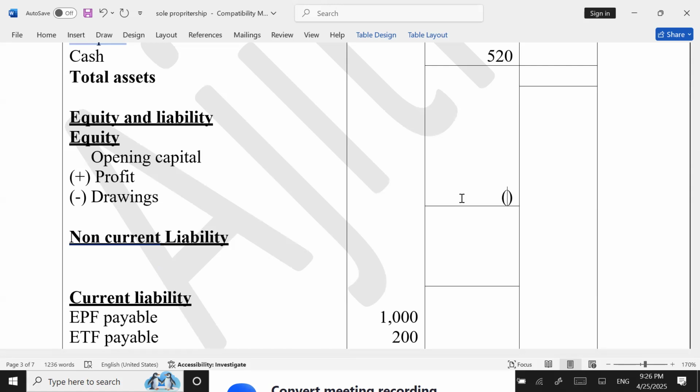That is the adjustment. Now, complete the trial balance. The trial balance gives the bank loan as well as the fixed deposit. Drawings is available under the adjustment.